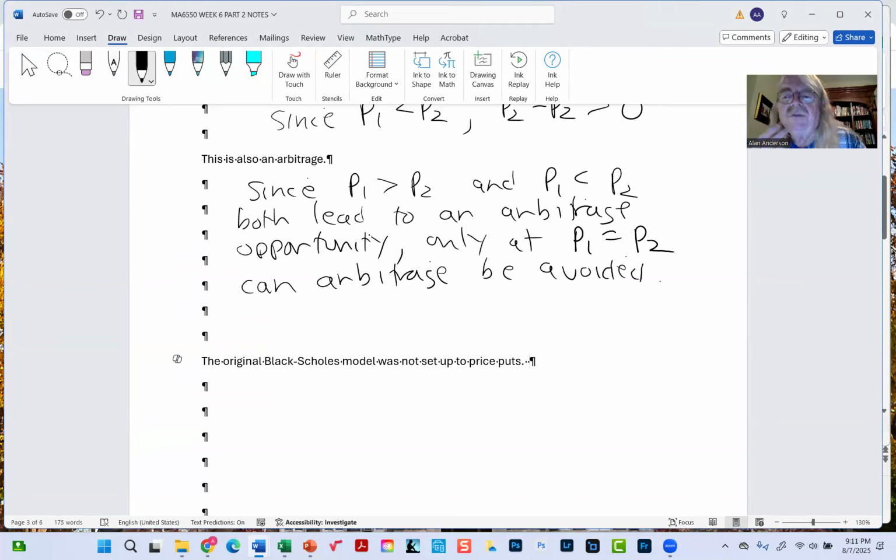These are academics pursuing this idea that we could come up with a model to price options. So they just wanted to show us the basic framework that could be used to do this. That's why it took a while to get to the other things like puts and options on assets that do have cash flows, and eventually American style options, because it's all academic research.